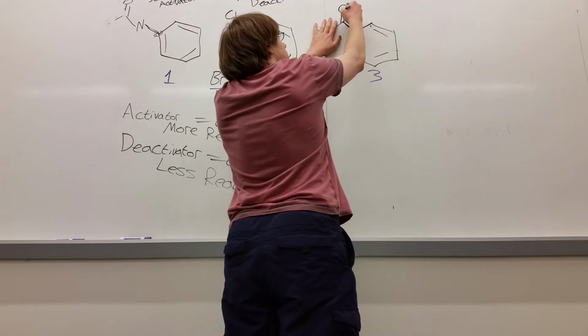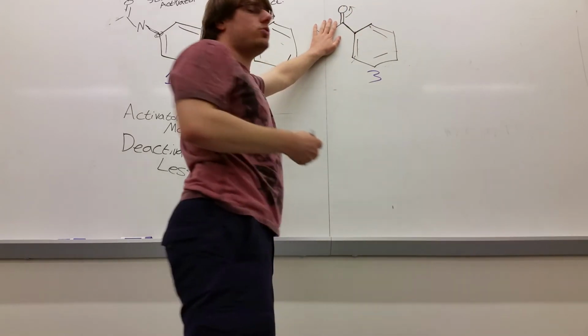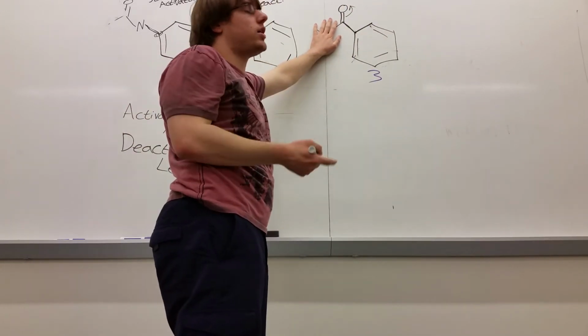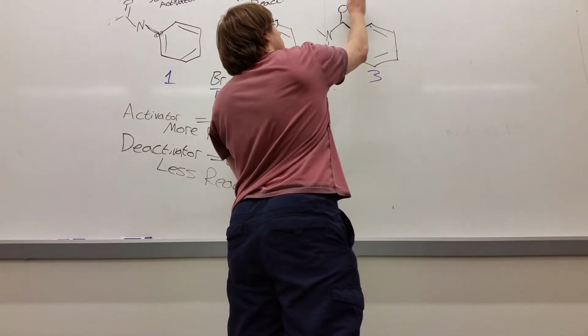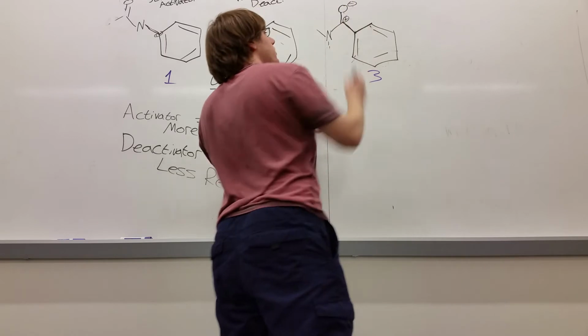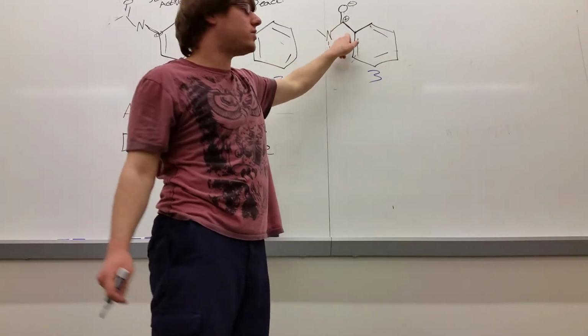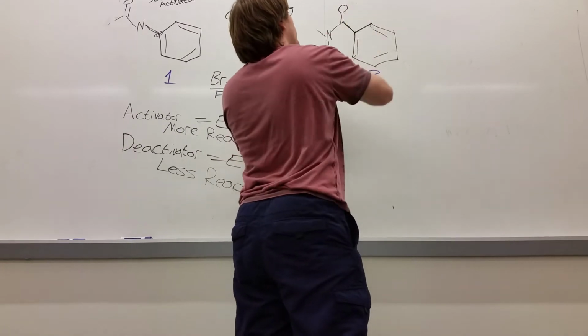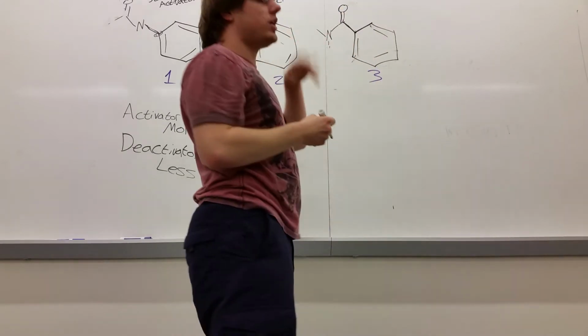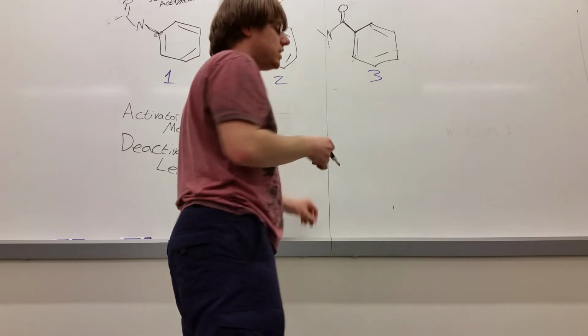If we thought about the resonance structure of this, we know that the electrons swing up towards that oxygen because oxygen is more electronegative than carbon, meaning this oxygen would be O minus, carbon positive. If you have something that's positive, a single bond away from your benzene, you're pulling electrons towards that carbon. So whenever you see C double bond O that's a single bond off the benzene, think of it as a withdrawing group or a deactivator.